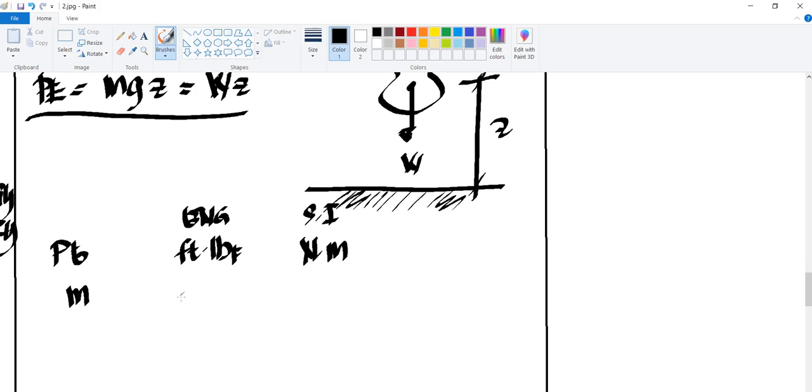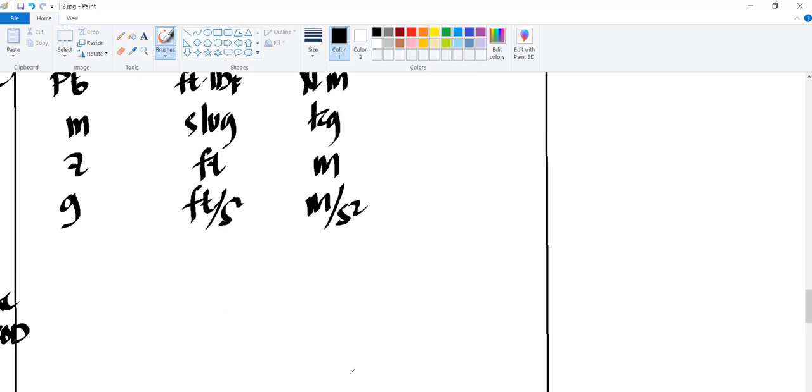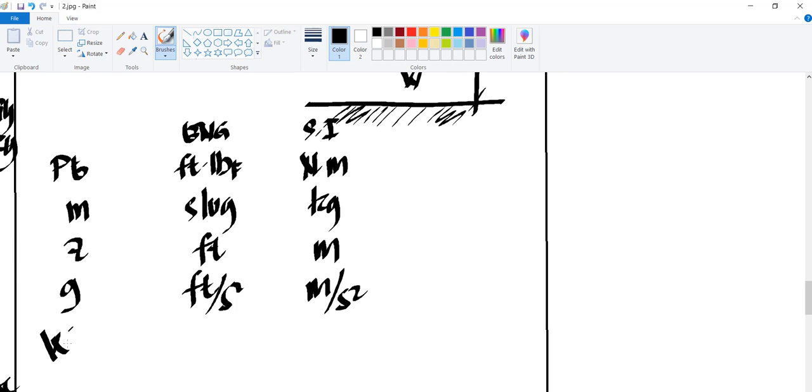For the mass, it will be slug in English and kilogram in SI. For your elevation, that will be feet or meter. For the gravity, it will be feet per second squared, then meter per second squared. For the weight, the unit will be pound force and the Newton. So that will be the units. Take note of that one.